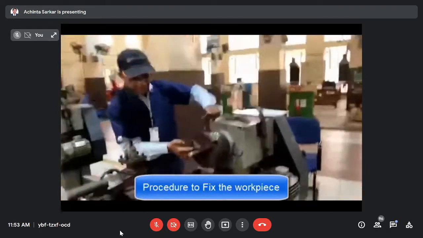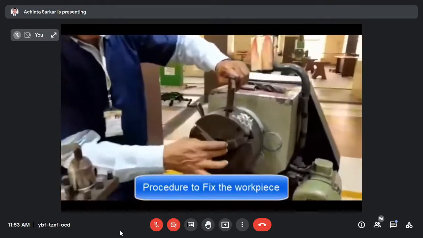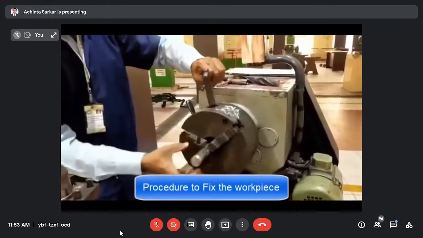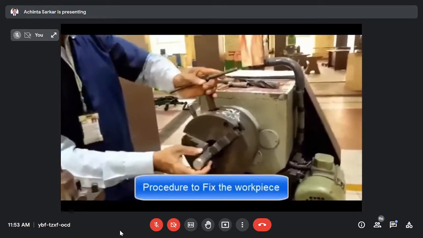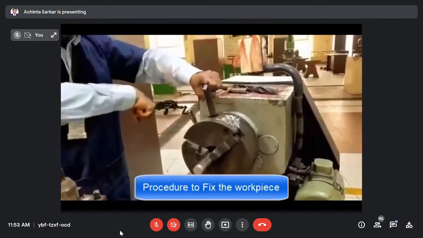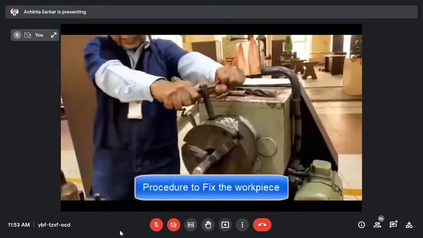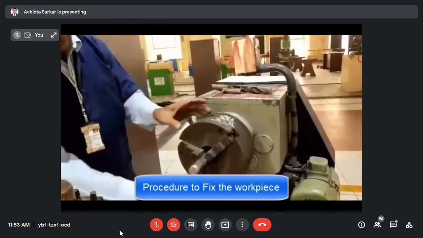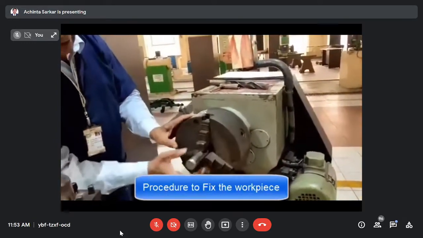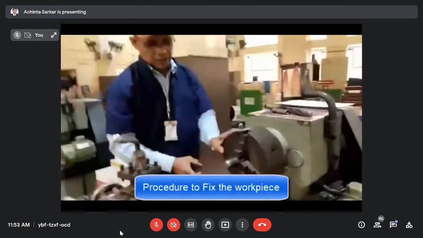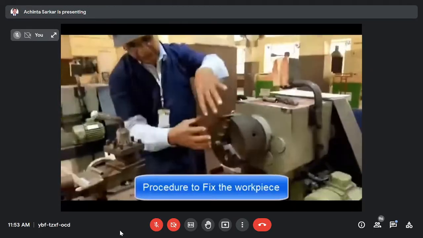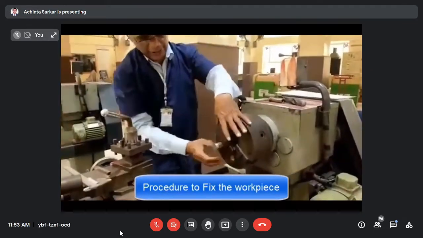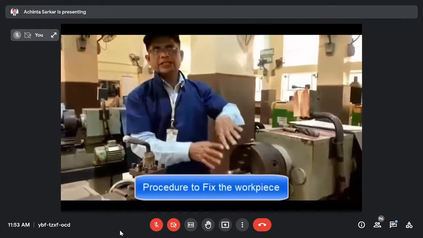These three parts are called jaws, and they hold your workpiece. Rotate in the anti-clockwise direction and tighten closely. After tightening, you have to check whether the three jaws contact the outer surface. If they contact the outer surface equally, that means your holding process is right.